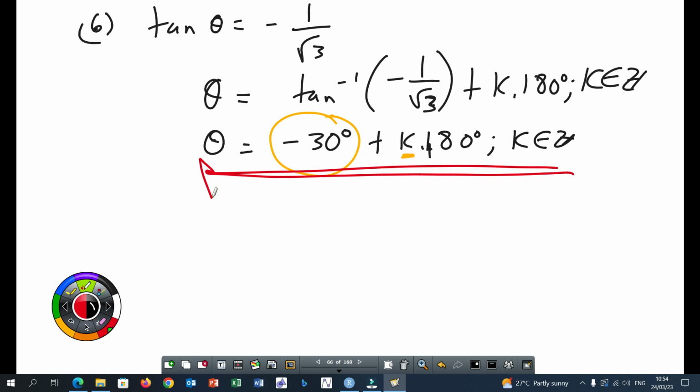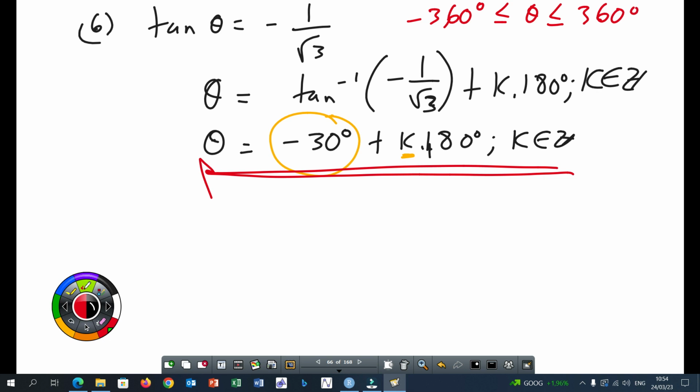With the k part, you are never told what value of k is. The only thing you can be given is a restriction for theta. Okay, I'm going to ask you to determine all the values of theta between minus 360 degrees and 360 degrees.